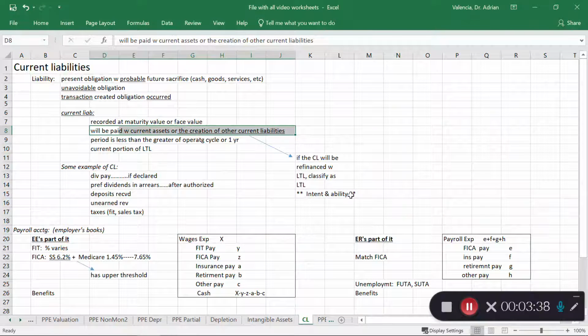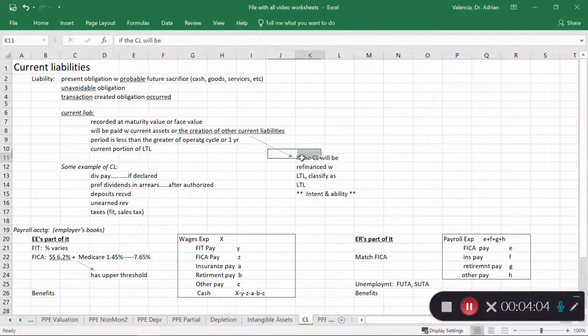So in other words, once this current liability matures, you have the true intention of going forward and borrowing on a long-term basis. And not only the intention, but also the ability. It could be in the form of a pre-approval letter. It could be that you have a line of credit already lined up, things of that nature.